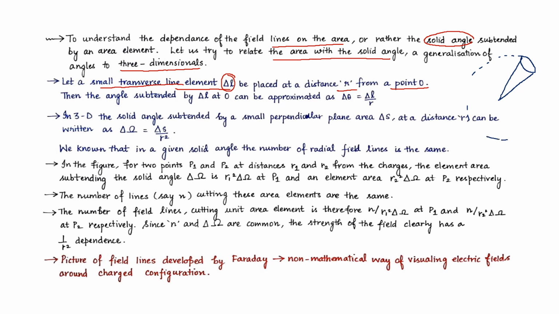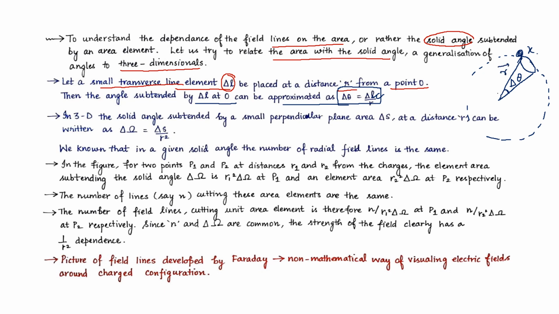This is our sphere, I am making it roughly, this is the angle subtended, and this is del theta. Then the angle subtended by del L at O can be approximated as this. This is a line element at some point X, and from that we are subtending this particular angle.